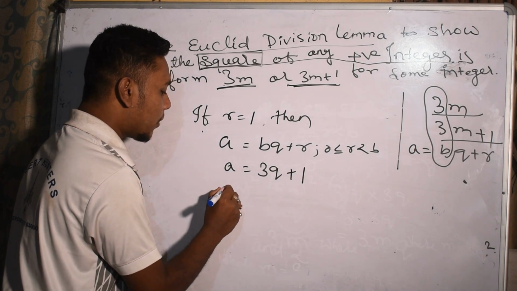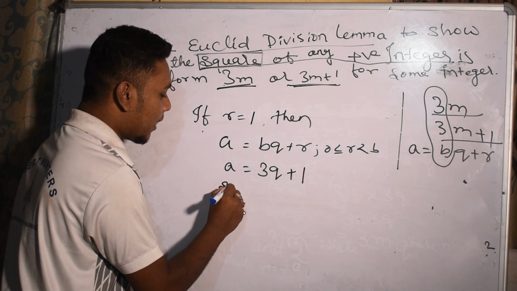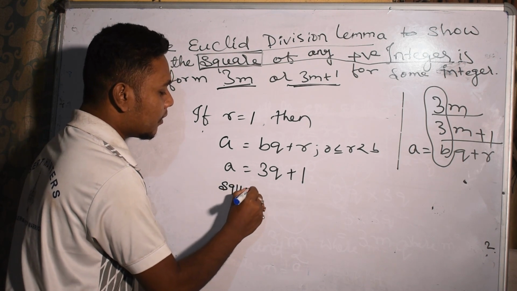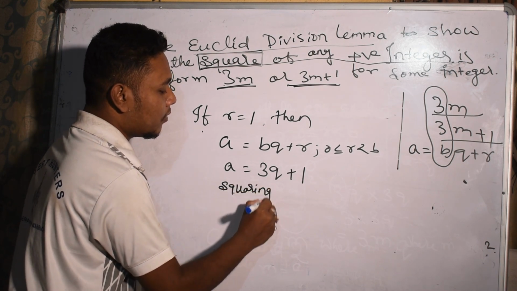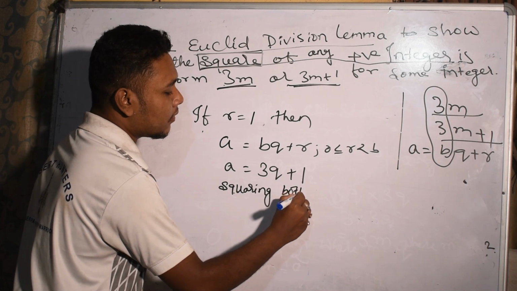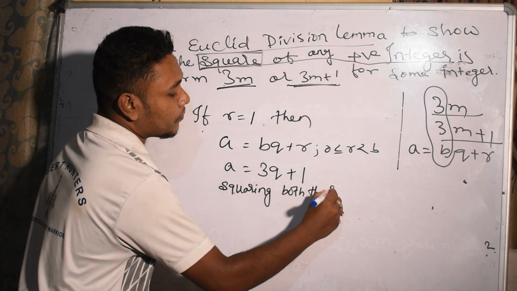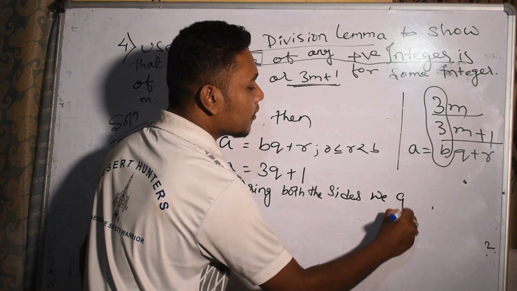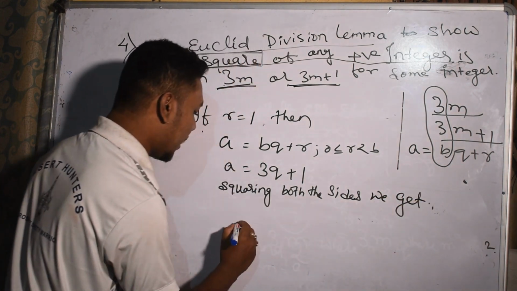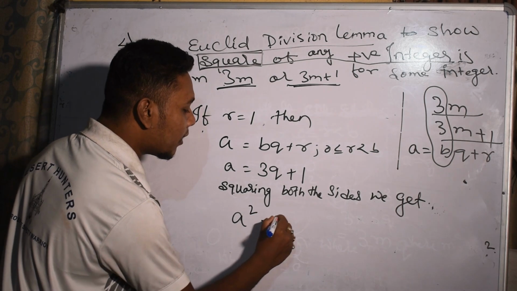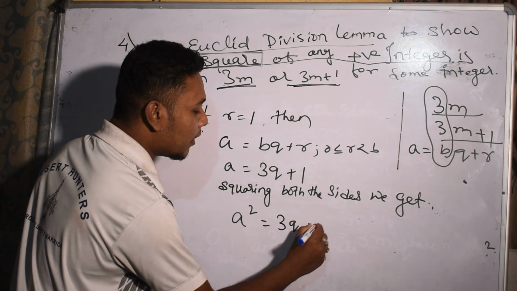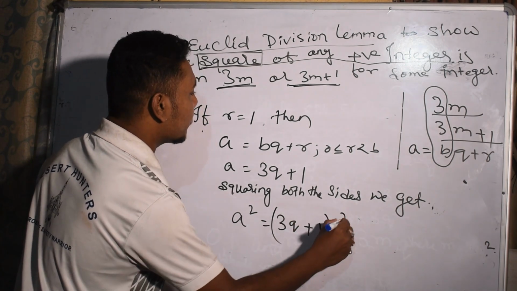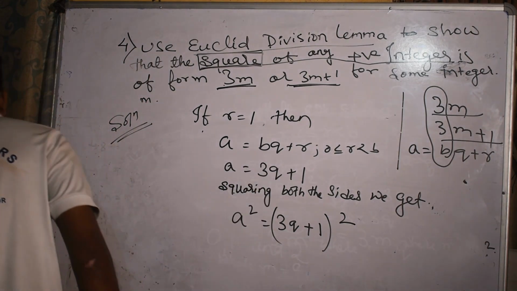Squaring both the sides, we get A square equal to 3Q plus 1 whole square. Take a screenshot.